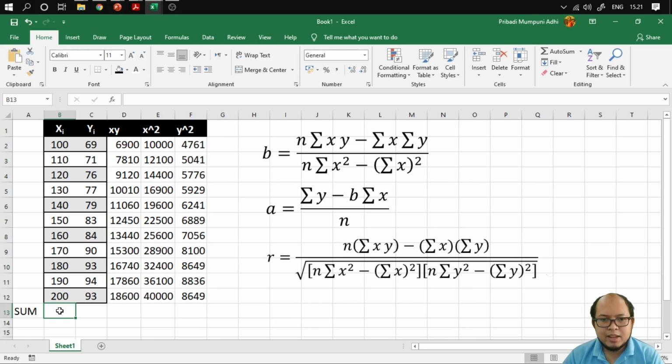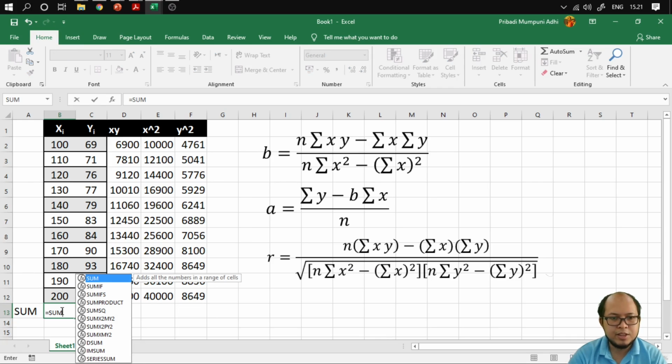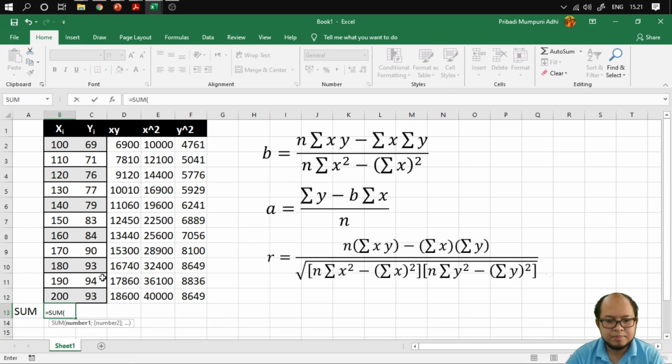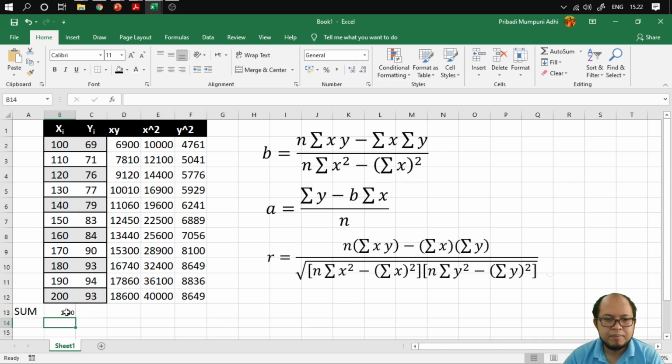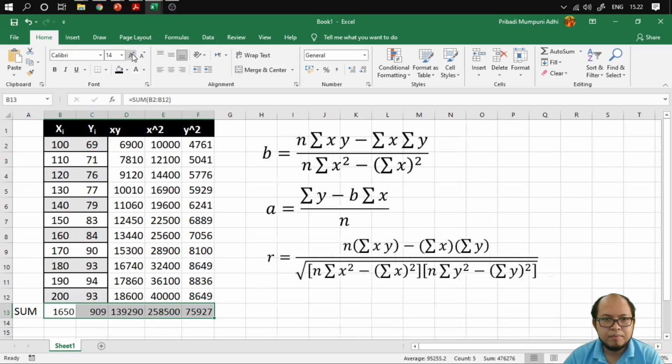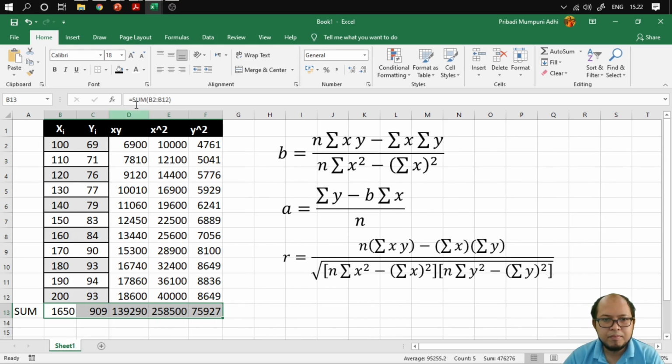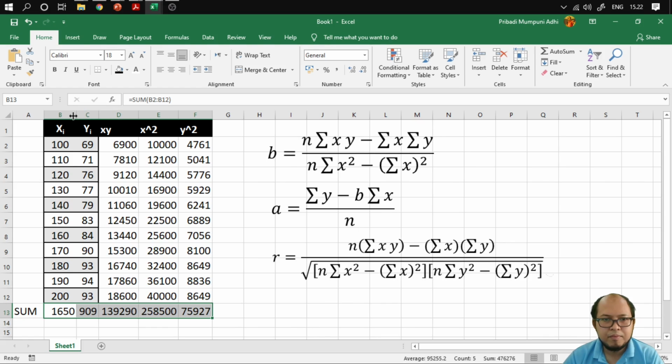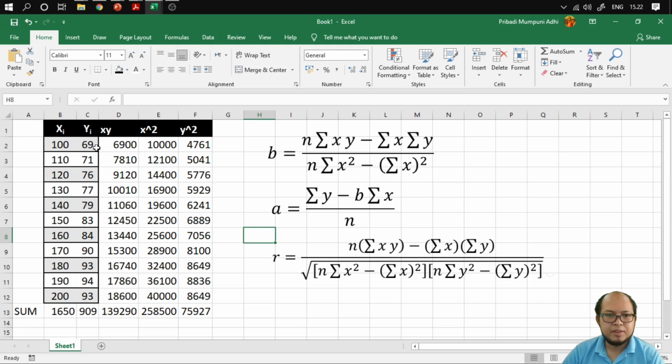Now make the sum. So this is equal to sum. Okay, we will have this sum.